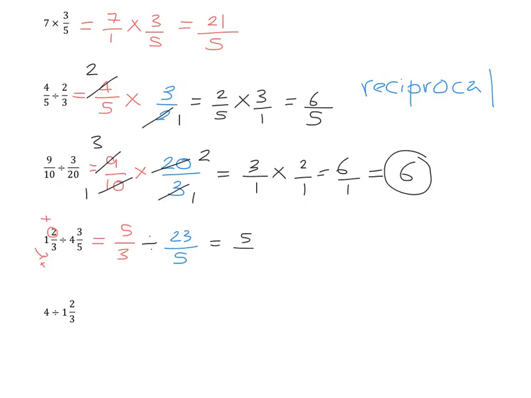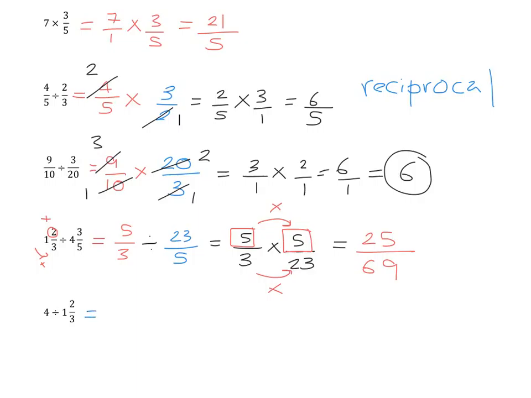We then rewrite the calculation as 5/3 multiplied by 5 over 23. Now, a common misconception here, people try and cancel out the 5s. Unfortunately, we can't do that because they're being multiplied. One isn't being divided by the other. So all we can do is multiply 5 by 5, which gives us 25, and multiply 3 by 23, which gives us 69, and this fraction doesn't simplify any further. There are no common factors.